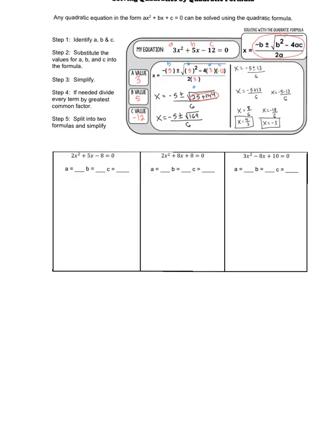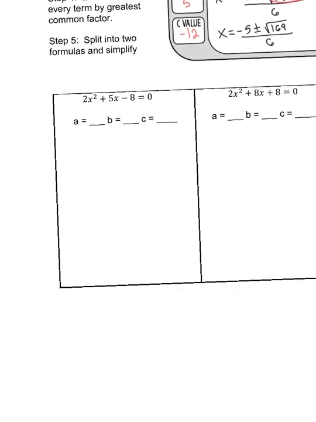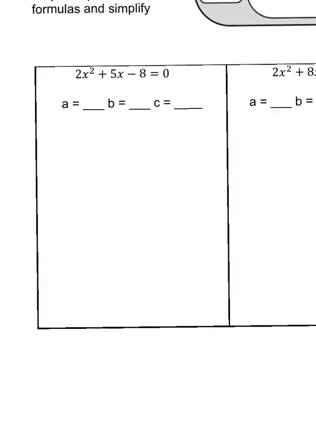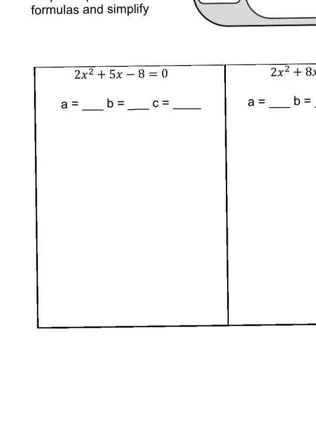Okay, then we have three different things down here. We're going to investigate what's called the discriminant first instead of doing all the work at the beginning like I did. If you want to do all the work at the beginning, that's fine. I'm just going to show you a different way that you can split it up as well. So looking at this example here, my A value is 2, my B value is 5, and my C value is -8.